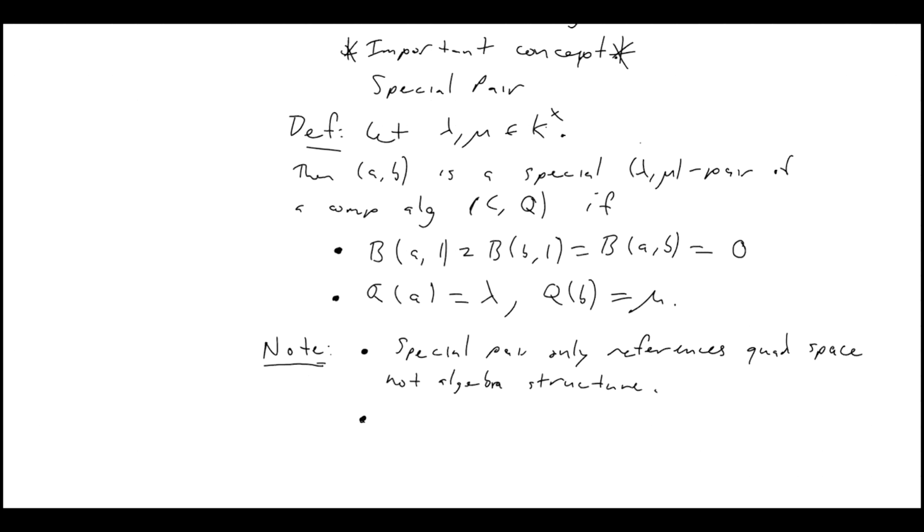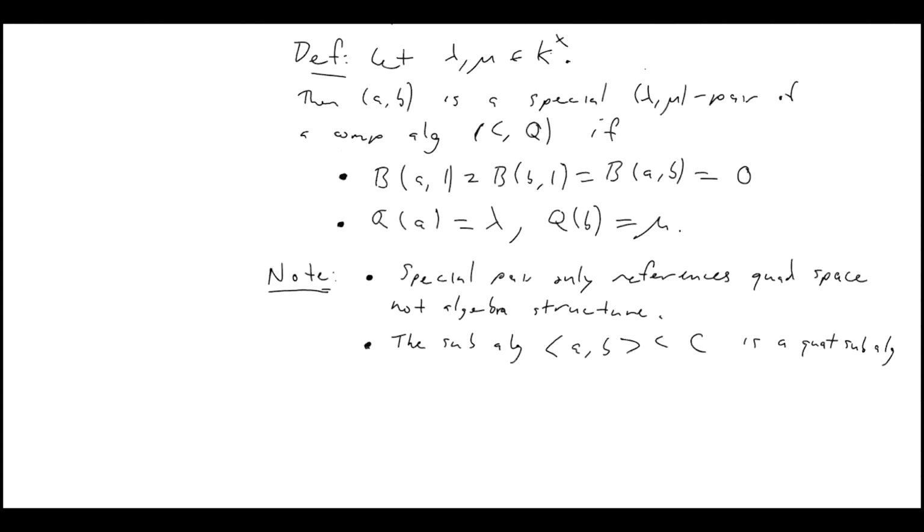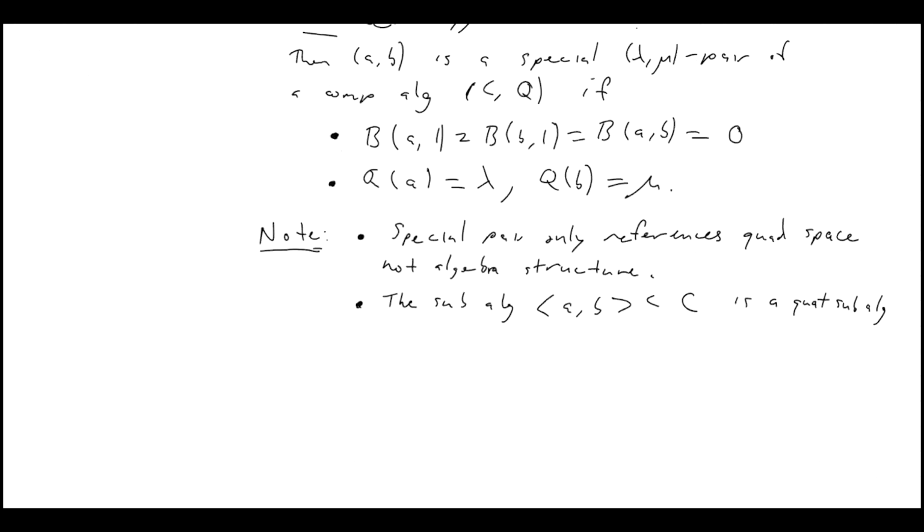The subalgebra generated by A and B inside of C is a quaternion subalgebra, and the elements 1, A, B, and A times B form a basis.